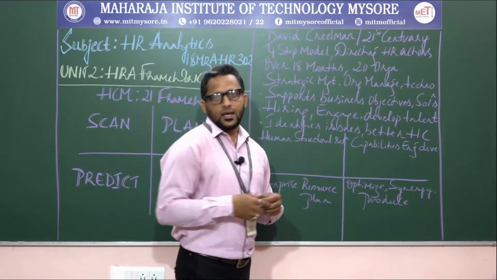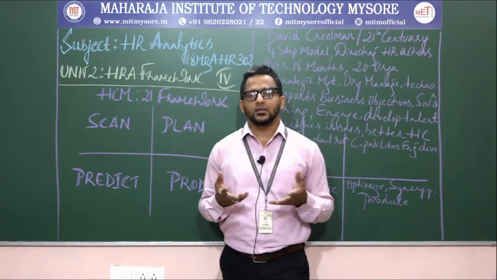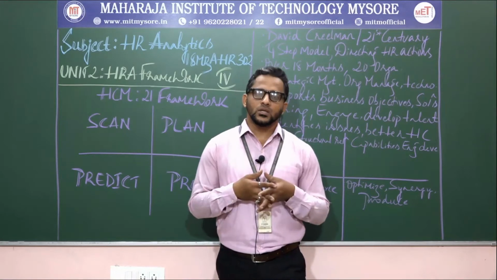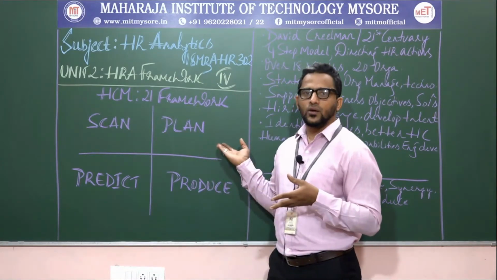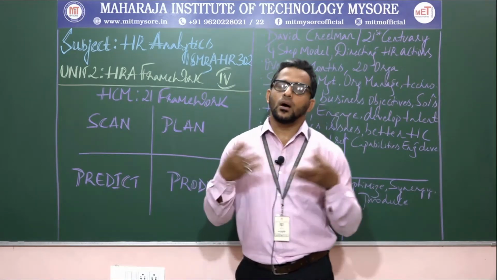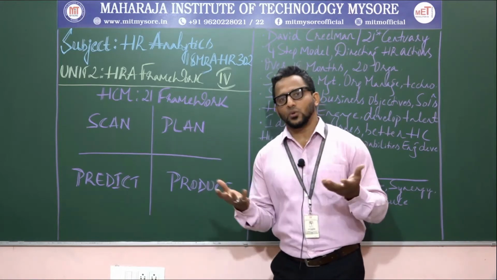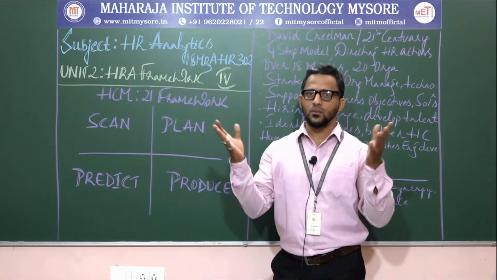Identifies issues. One more advantage of this HCM 21 is that we can identify the issues and problems. Using this four-box method, we can identify organizational issues, business problems, and come up with better solutions, keeping the people data.